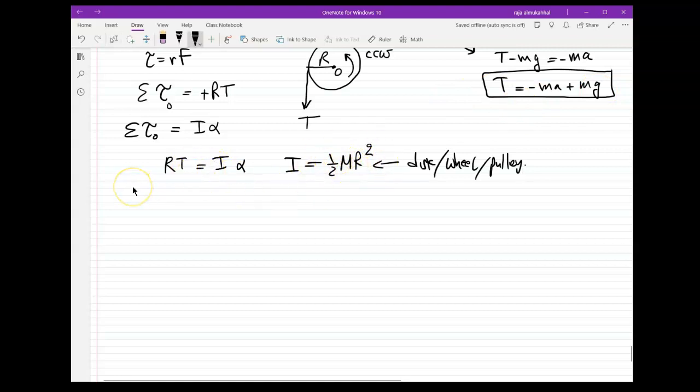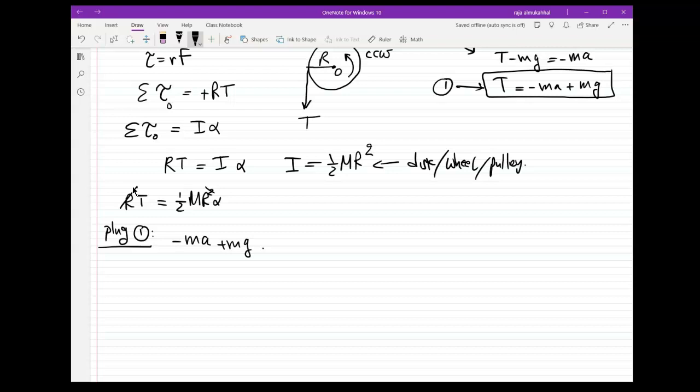So I have here RT equals 1/2 M R squared alpha. Now let me call this equation 1, and plug 1 in. Before I do that, I forgot, this R and this R squared cancel out. So I end up with minus ma plus mg equals 1/2 big M big R alpha. Is that okay?